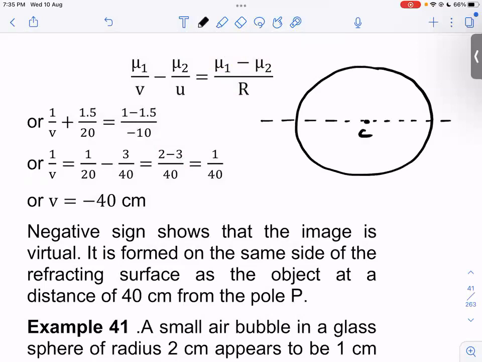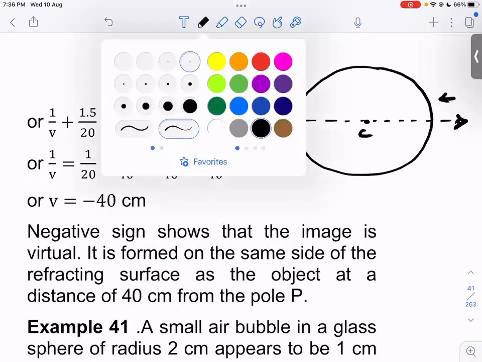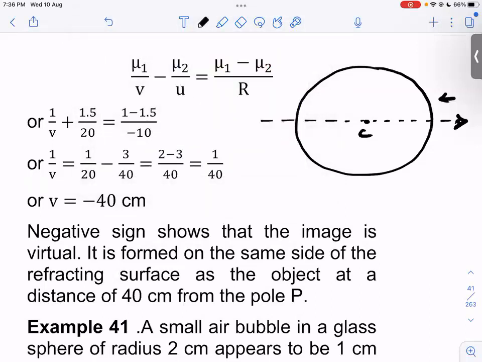Okay. So your eye is here. You're looking along the diameter. When you look along the diameter, where is the object found to be? It is appearing as if it is at a distance of 1 centimeter from the surface. Means let us say the hole is here.